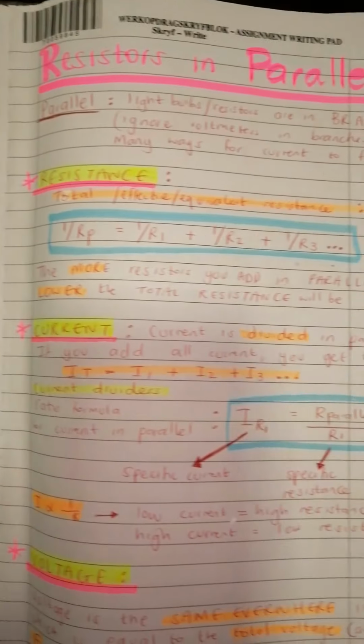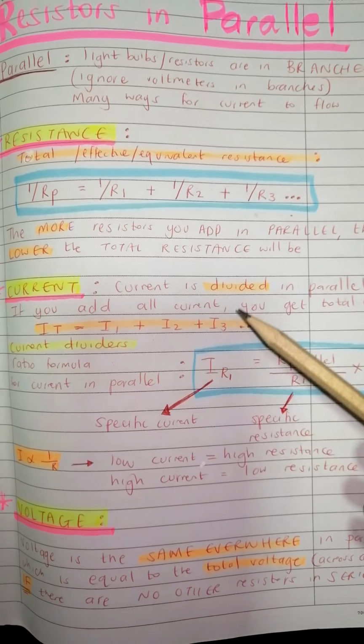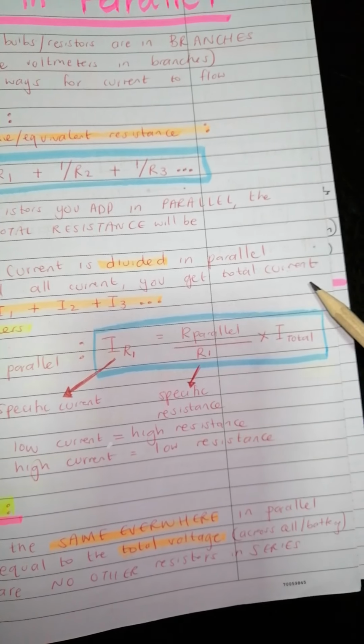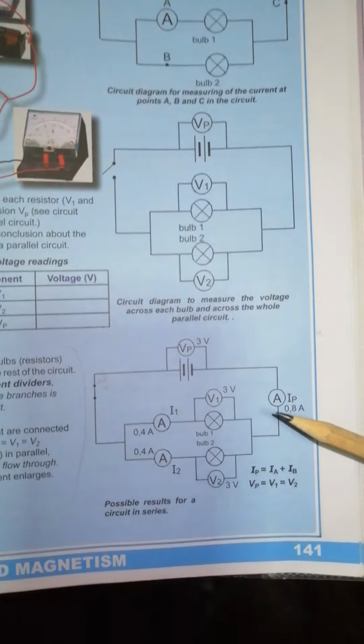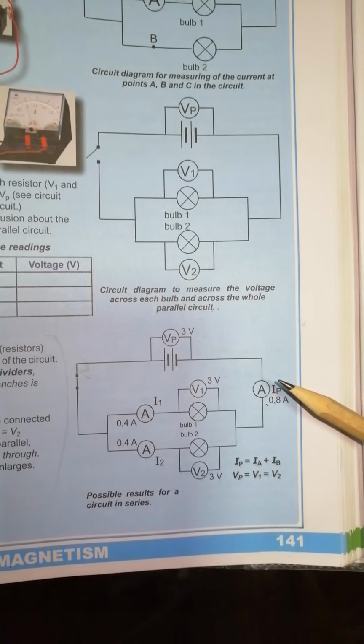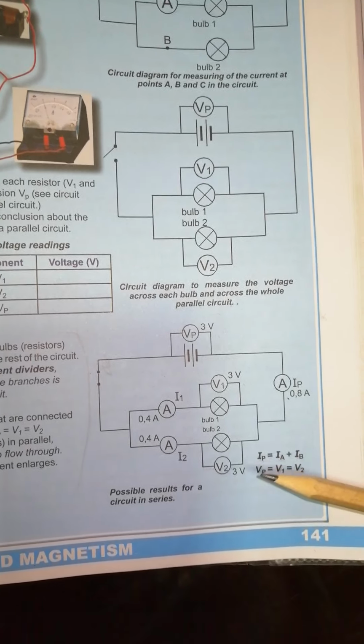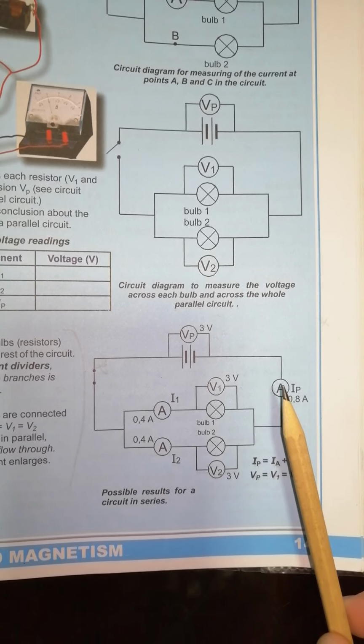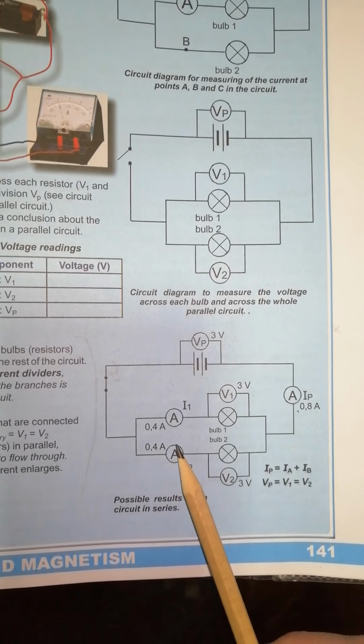We said that in a parallel circuit, current is divided, and if you add all of the current, you will get the total current. Right, so let's look at this picture here. Now, ammeters are connected in series, and the one in series is going to give you the total current. So can you see we have 3 ammeters here? 1, 2, 3.